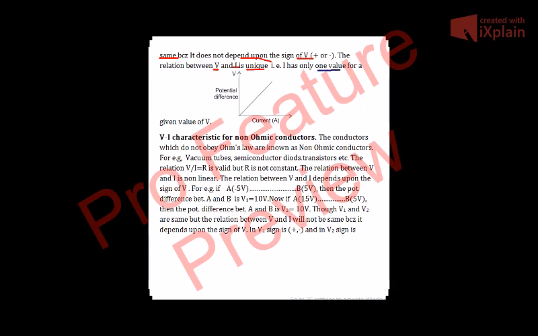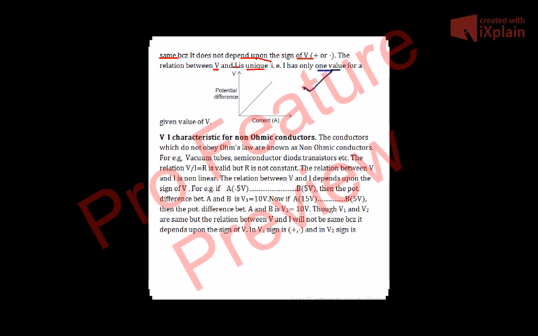It can always have only one value, that is 1 ampere. Now when we draw a graph between V and I for ohmic conductors, we see that it is a straight line. So it is linear.